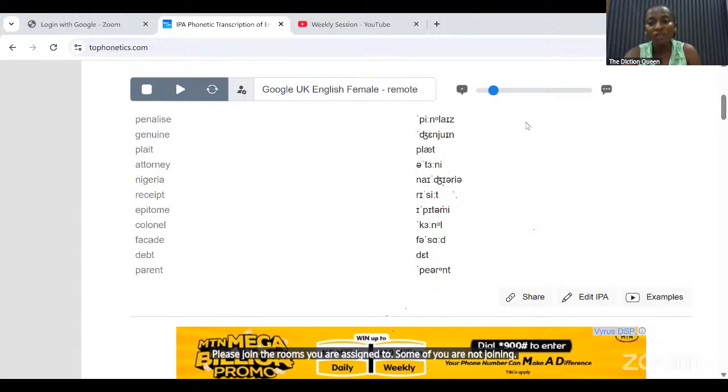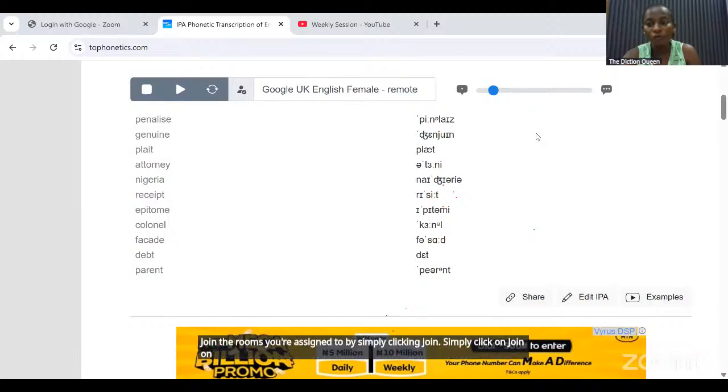Join the rooms you're assigned to by simply clicking join. Simply click on join on your phone.